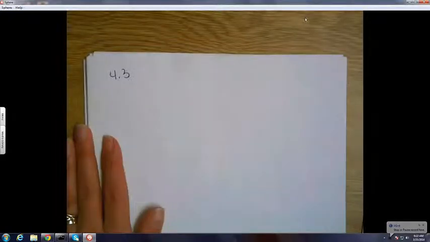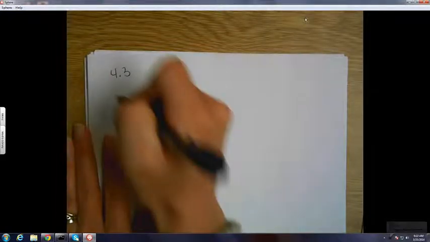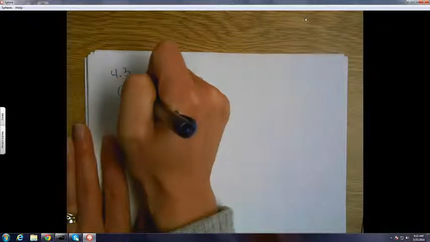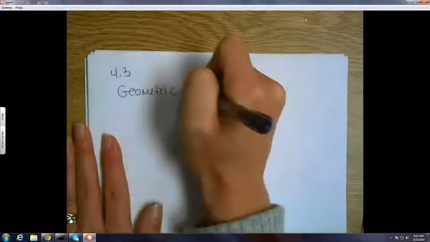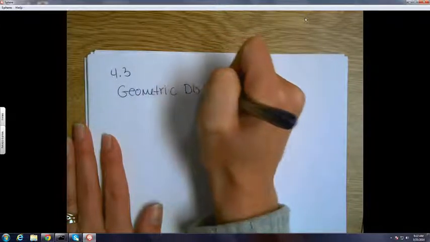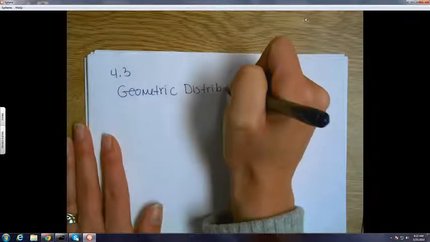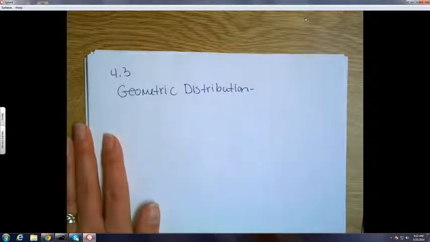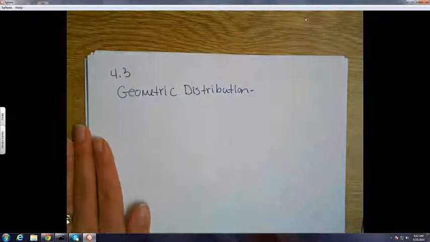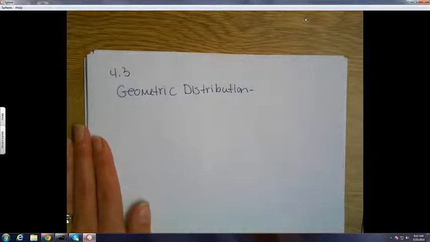Okay, our first new distribution is called a geometric distribution. I should have said probability distribution, but they're all probability distributions. This one answers questions like, how many trials does it take until the first success occurs?